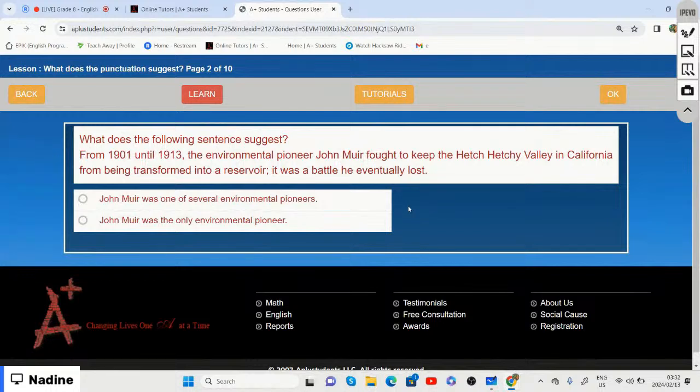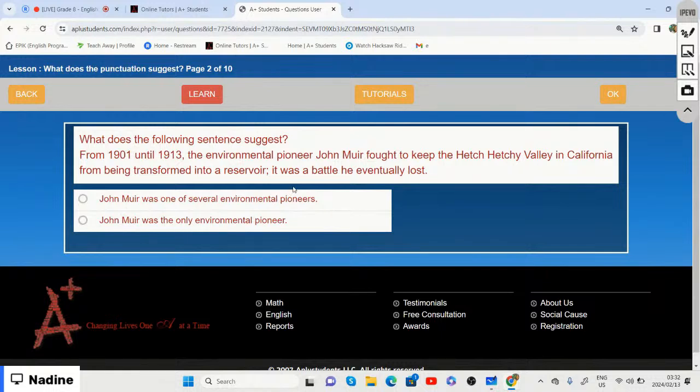We need to say what the following sentence suggests. From 1901 until 1913, the environmental pioneer John Muir fought to keep the Hetch Hetchy Valley in California from being transferred into a reservoir. It was a battle he sadly and eventually lost. What does the sentence suggest? Is it that John Muir was one of several environmental pioneers, or John Muir was the only environmental pioneer?